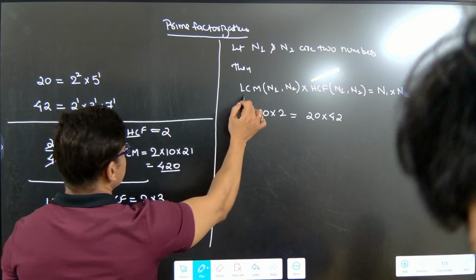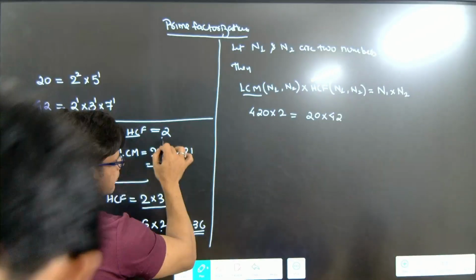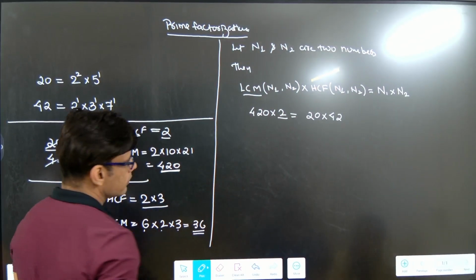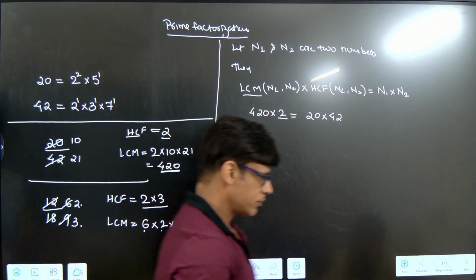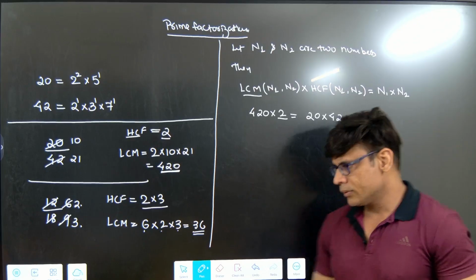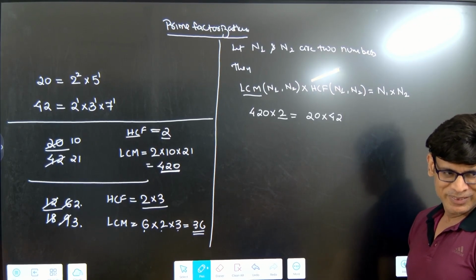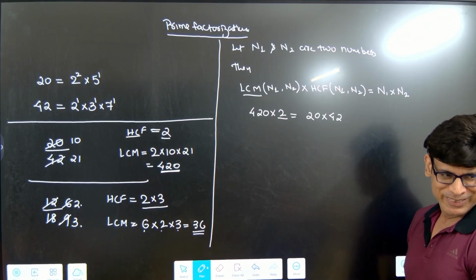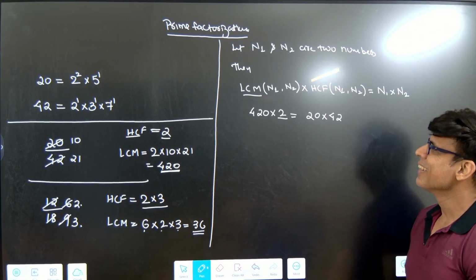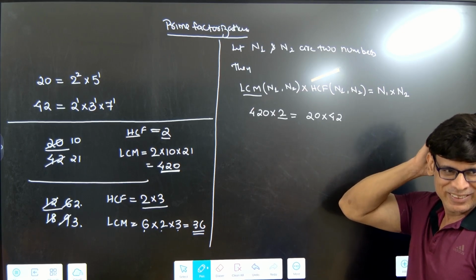What is LCM of this? 420. What is HCF? 2. Right? You just repeat what you said there for 420 into 2. Tell me.